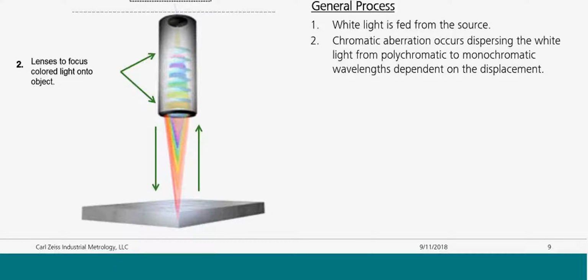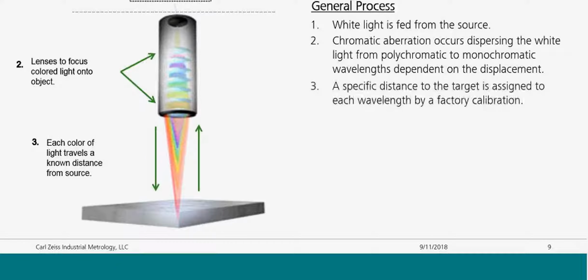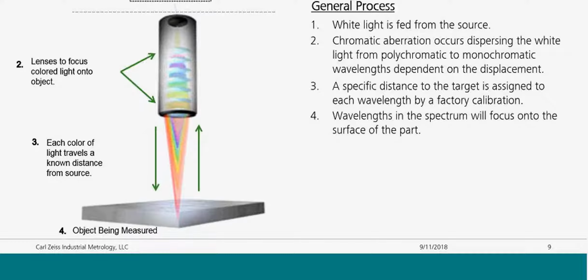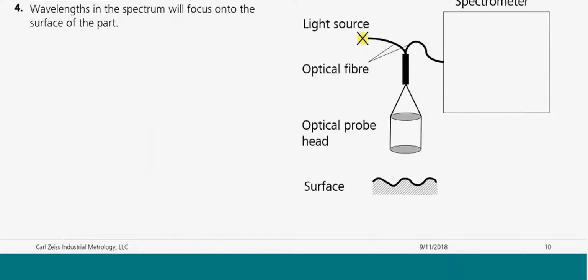It will split the light into its component colors, its component wavelengths, but it will also focus that light down underneath the sensor, as you can see there. Each color of light, each wavelength of light, travels a specific distance away from the sensor, and then ends up on top of the object being measured. So the part that you're trying to measure, the light will hit that part.